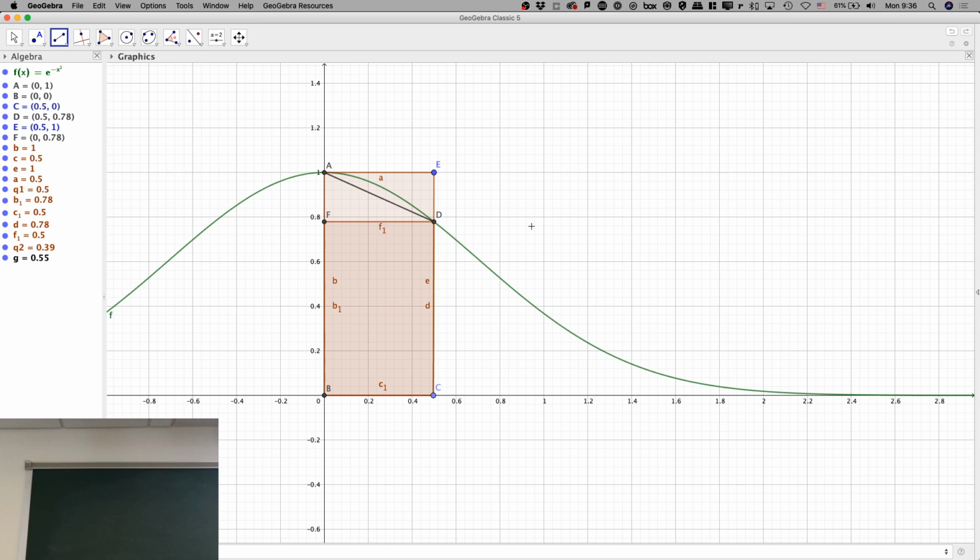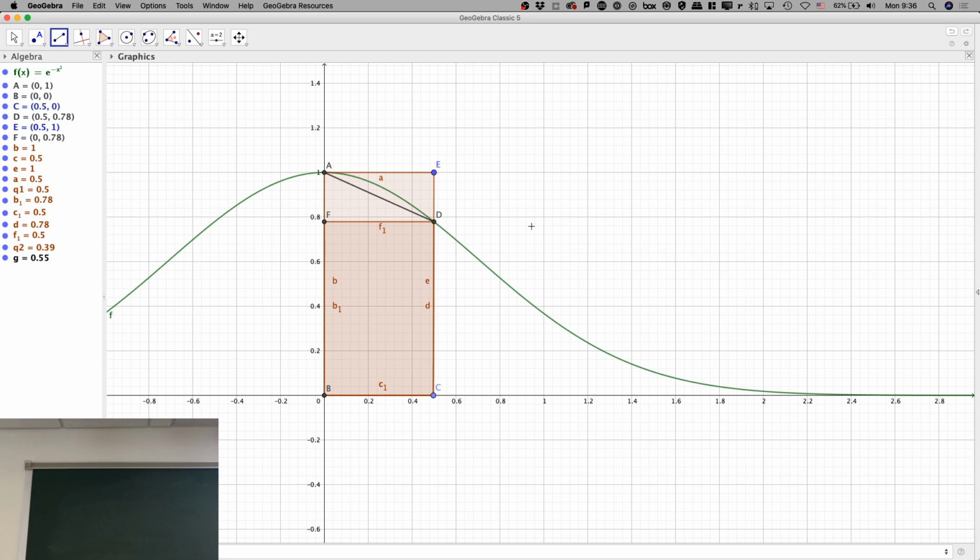Over there close to 2, so if I drew this for 1.5 up to 2, what's the curve look like there? It is concave up, okay? And so the trapezoid would actually slightly overestimate.